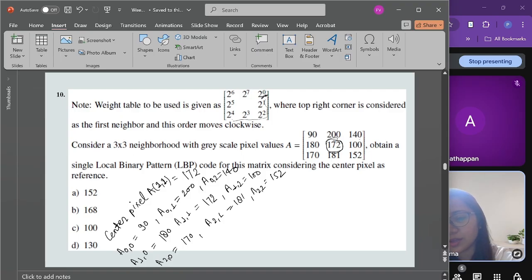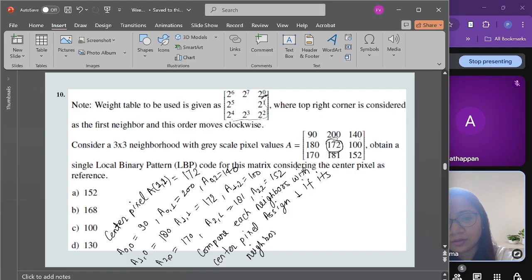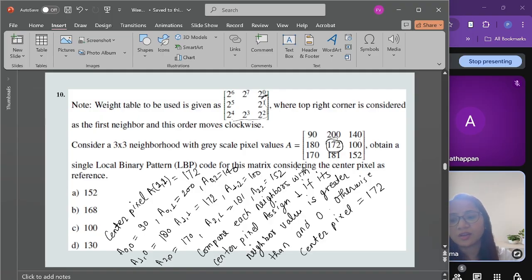The center pixel is 172, so first let's compare and take.